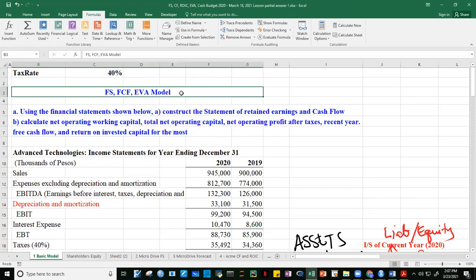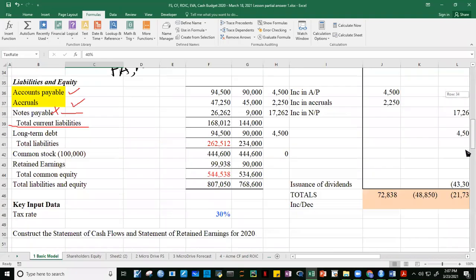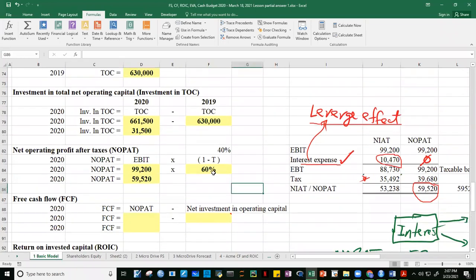Okay, so now, guys, this has a name already, see, tax rate. So this cell, 40%, already has the name tax rate. So when I use it in a formula, like here, I'll change this. Here I want 1 minus tax rate.